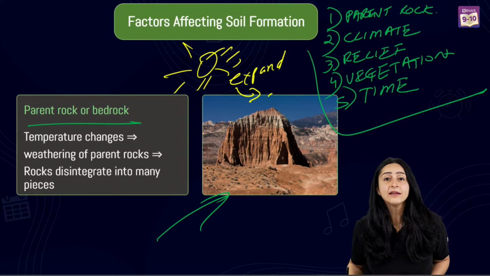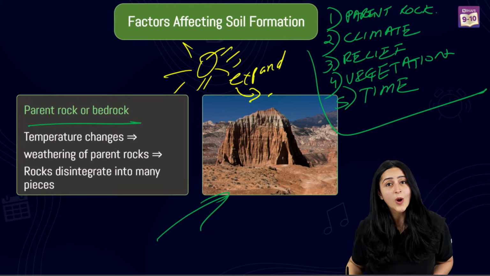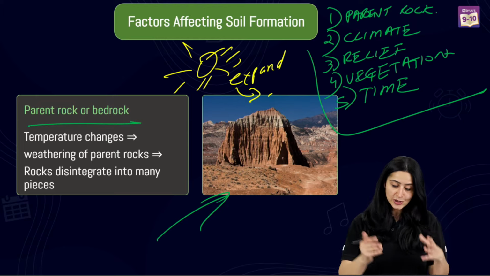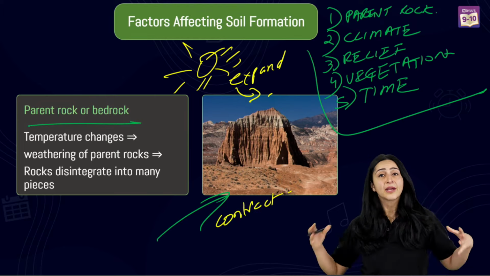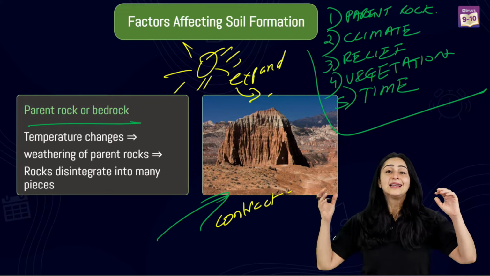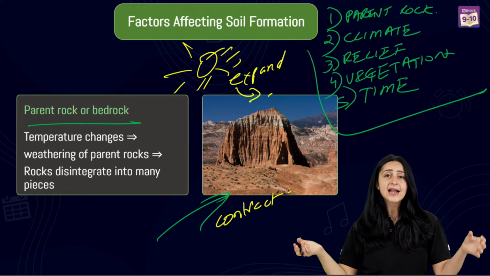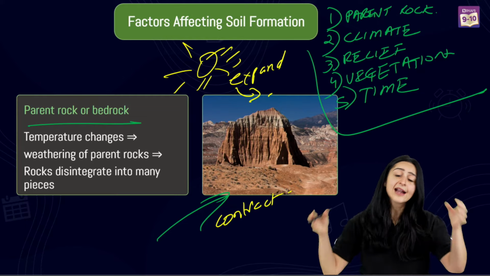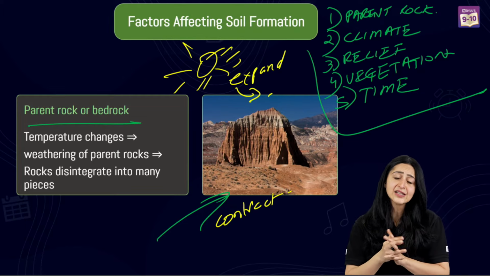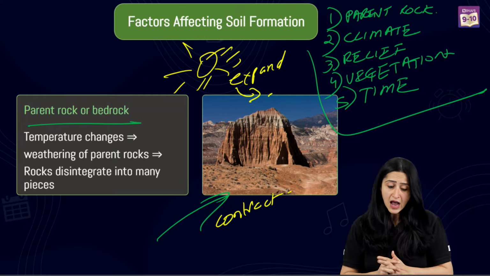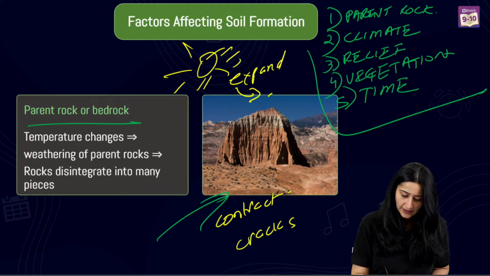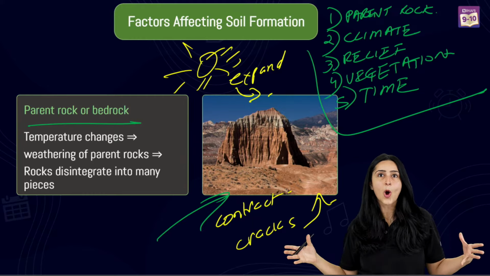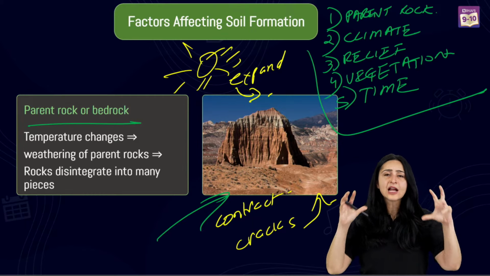And then when the temperature cools down, the same thing starts to contract. So because of temperature changes, this parent rock expands and contracts and expands and contracts, and as a result, we find that cracks start appearing in this rock.